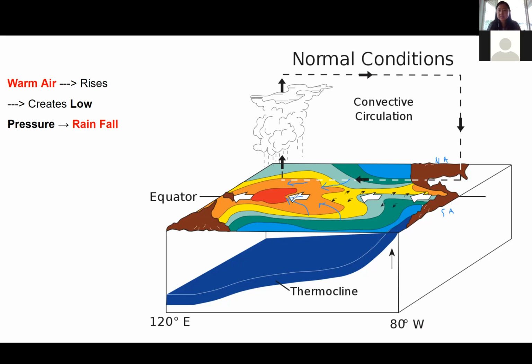There's so much water in the ocean that it affects the temperature of the air. As all of this warm water starts pooling on this side of the Pacific Ocean, the air heats up, and as the air heats up, there's rain, yada yada.